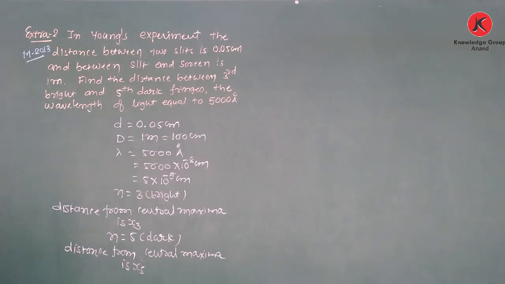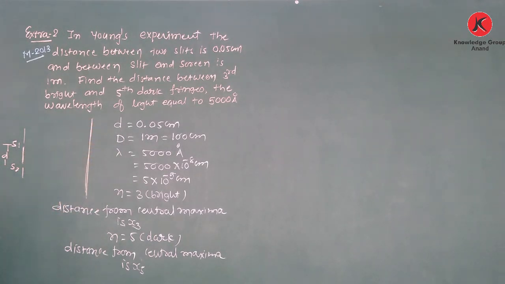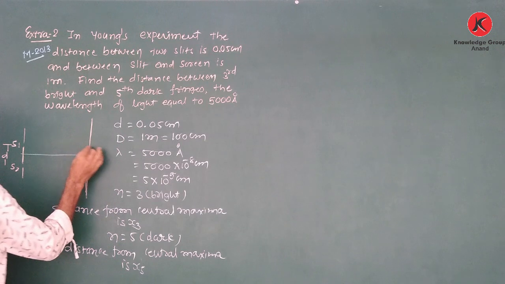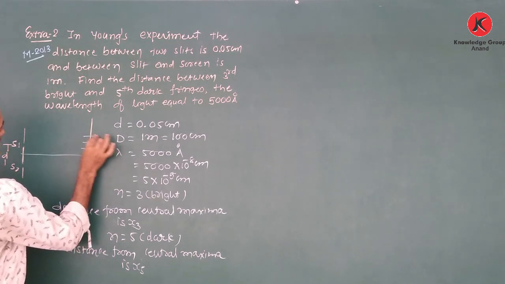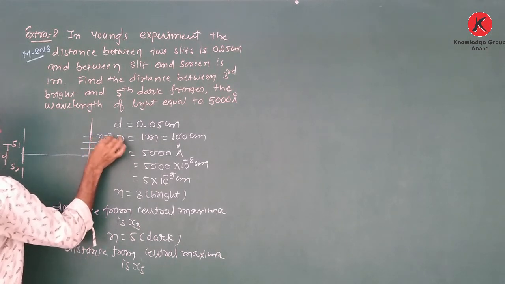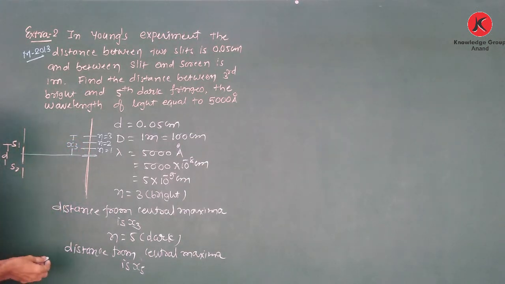Actually, what has happened here? That is the arrangement of Young's double slit experiment. There is S1, there is S2. Separation between these two is d. Now the screen is placed here. There is the central maxima. There is the first bright, second bright, third bright fringe, n is equal to 1, 2, and n is equal to 3. This distance is x3 from the central maximum.